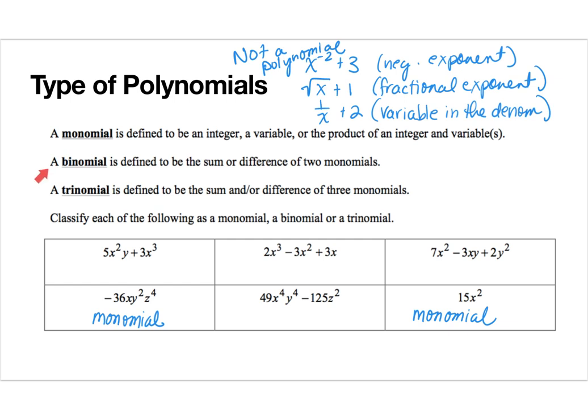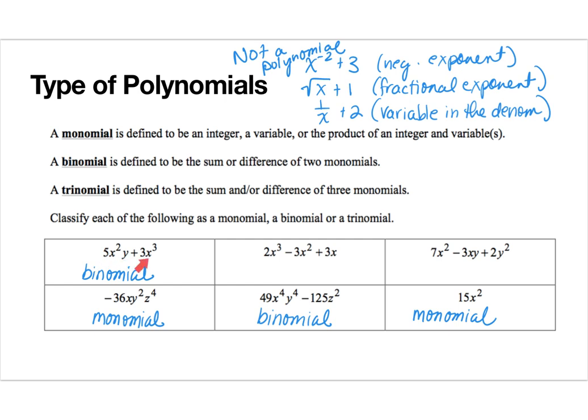The next type is a binomial. It's defined to be the sum or difference of two monomials. So looking down below, I see the first one is a binomial. And there's one more over here. This is also a binomial. It's the sum or difference of two monomials.